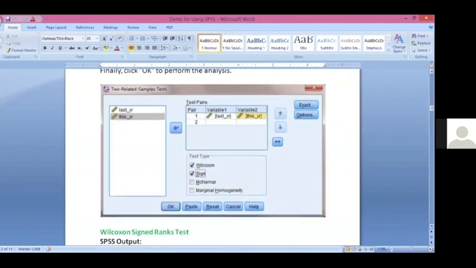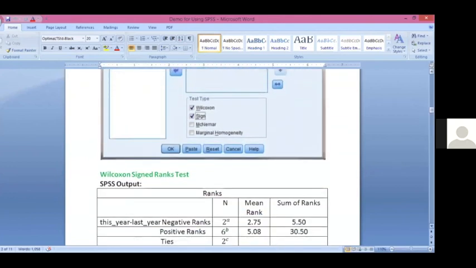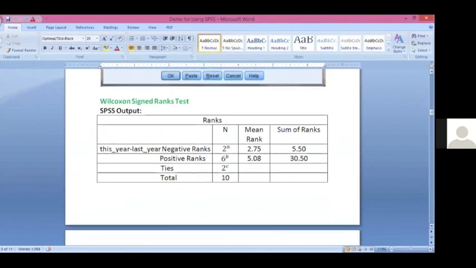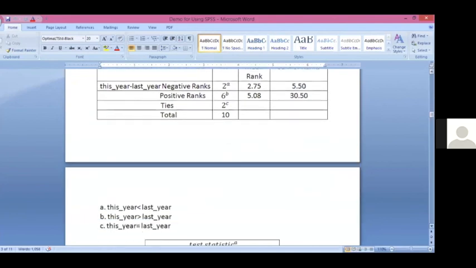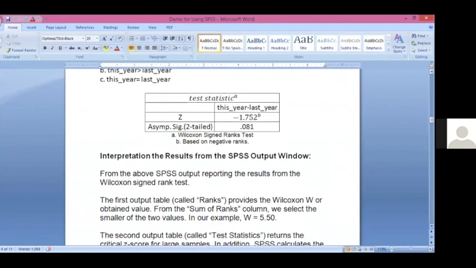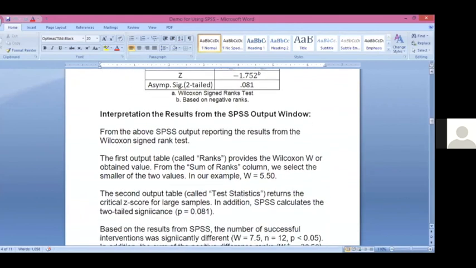See what we have performed: this is the Wilcoxon signed rank test. This is the SPSS output I have tabulated here, and this is the test statistics table. Interpretation: from the above SPSS output, for reporting the results of the Wilcoxon signed rank test, the first output table, called Ranks, provides the Wilcoxon W obtained from the sum of ranks column.